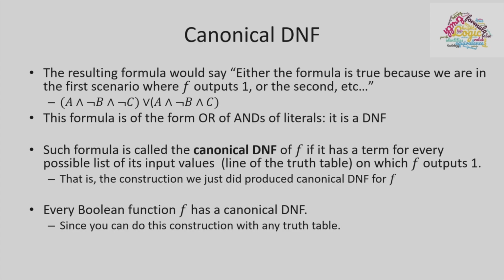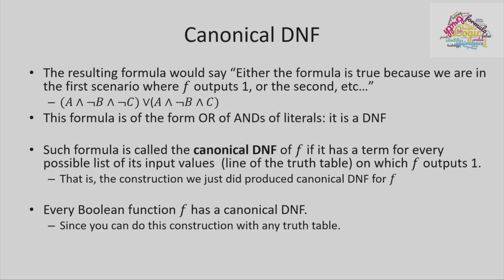Or I should say as an OR of formulas that state that in those scenarios the function evaluates to 1. So it is of the form OR of ANDs of literals. It is in DNF, disjunctive normal form. This particular formula is called the canonical DNF of the function f.